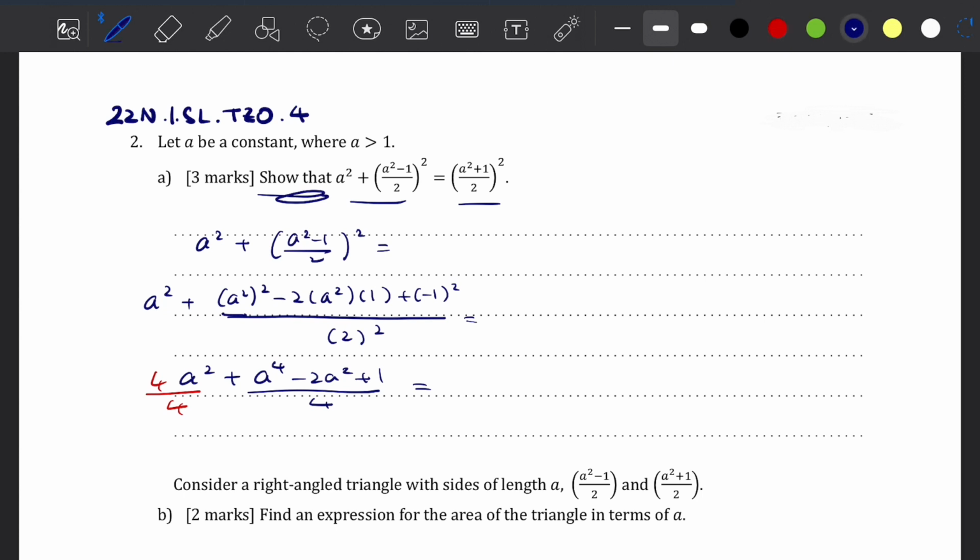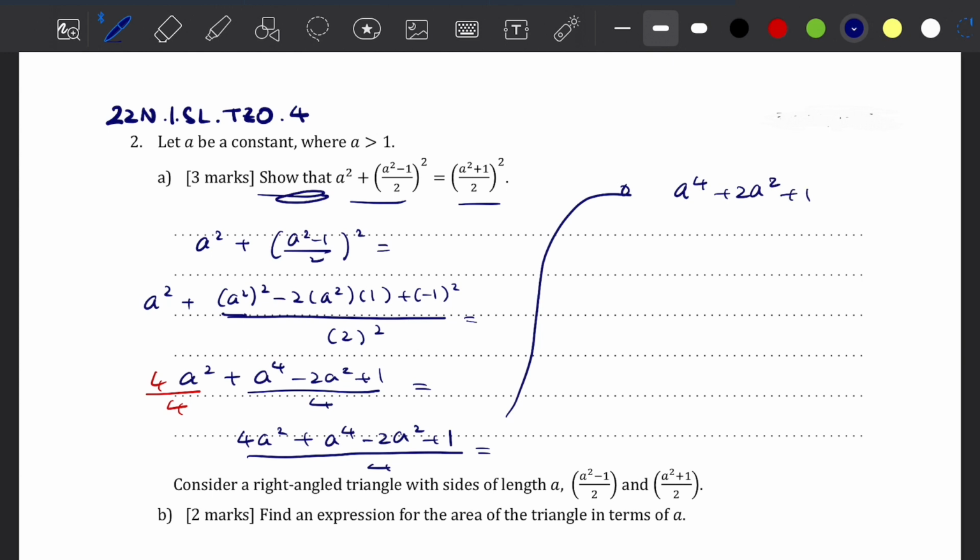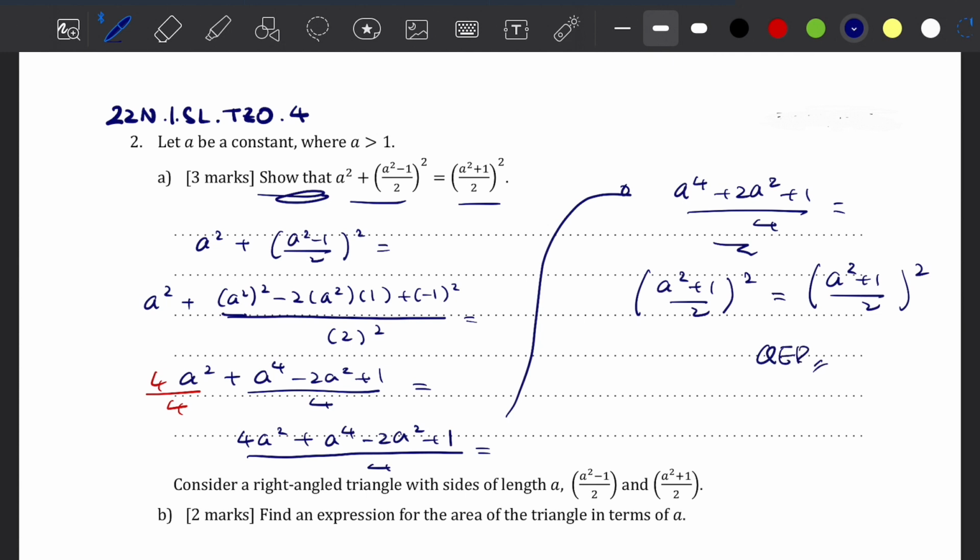Then we get (4a squared plus a to the power of 4 minus 2a squared plus 1) over 4, right? Then we can simplify this further into (a to the power of 4 plus 2a squared plus 1) over 4, which we can simplify into ((a squared plus 1) over 2) to the power 2, which is equal to the right-hand side. So we have shown that the left-hand side is equal to the right-hand side.